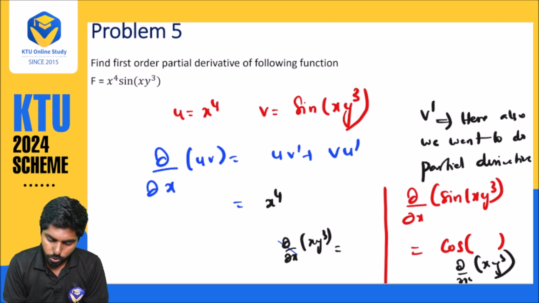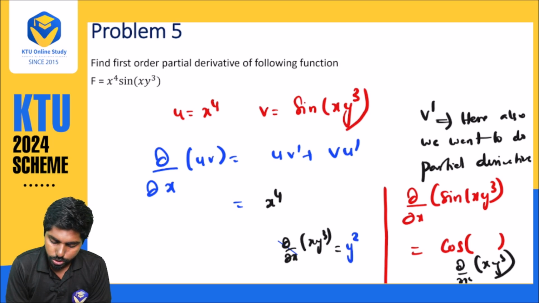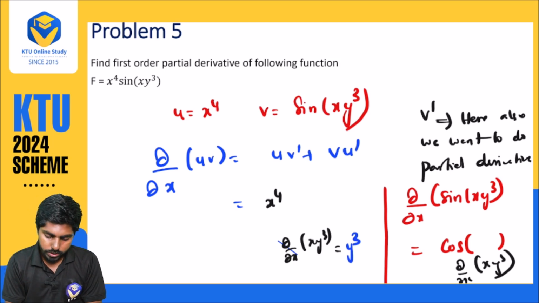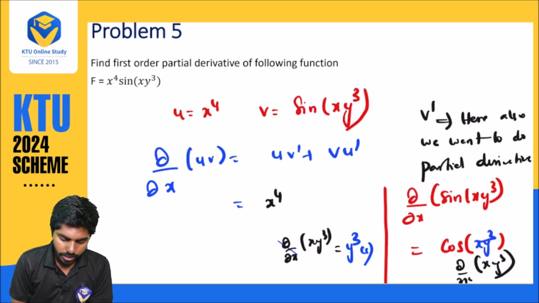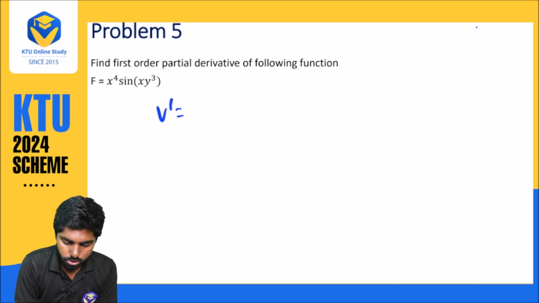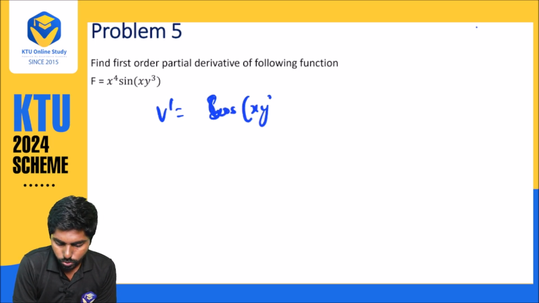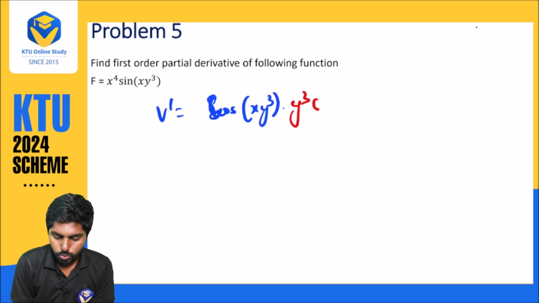So y cube stays, and differentiation of x is 1. So our V dash is equal to cos of x y cube into y cube into 1.